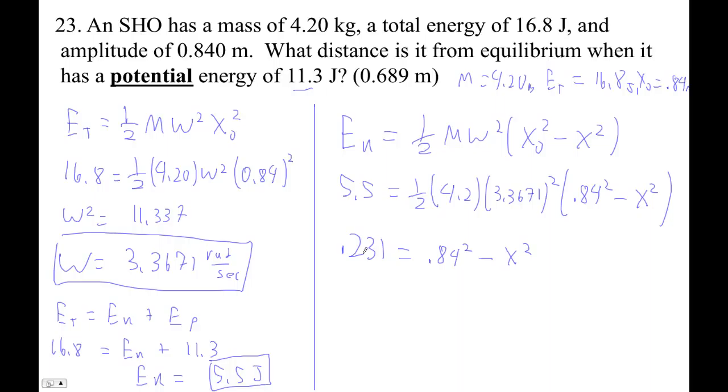Now I'm going to go this minus this, and I'll have negative that. So that minus 0.84 squared is negative 0.4746, which is negative x squared.